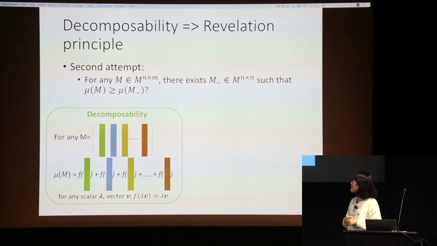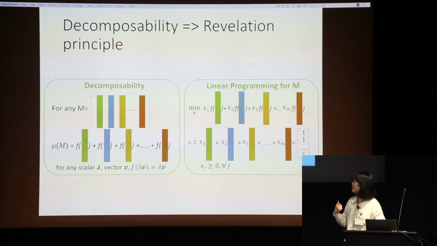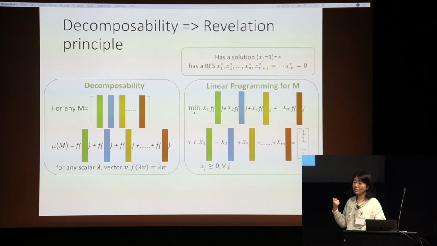But we can prove that there always exists a square matrix whose value is less than that of M, given any M. With this property, we can easily show the revelation principle. We show this by constructing a linear program and using the fundamental theorem of linear programming: any optimal feasible solution implies an optimal basic feasible solution.